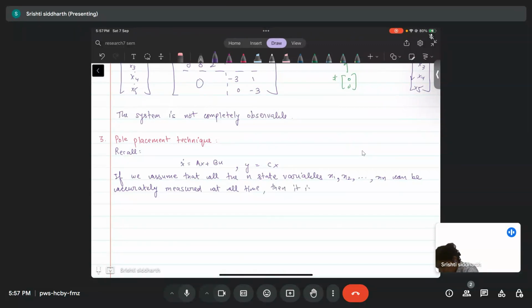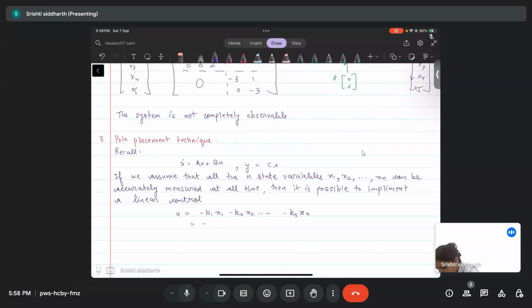Then it is possible to implement a linear control, so linear in the state, which looks like this. So you have the control u equals minus k1 x1 minus k2 x2 and so on, minus kn xn.